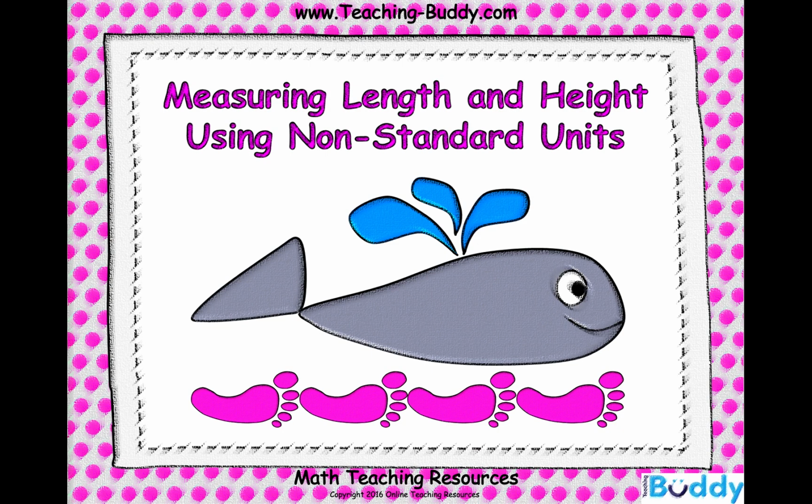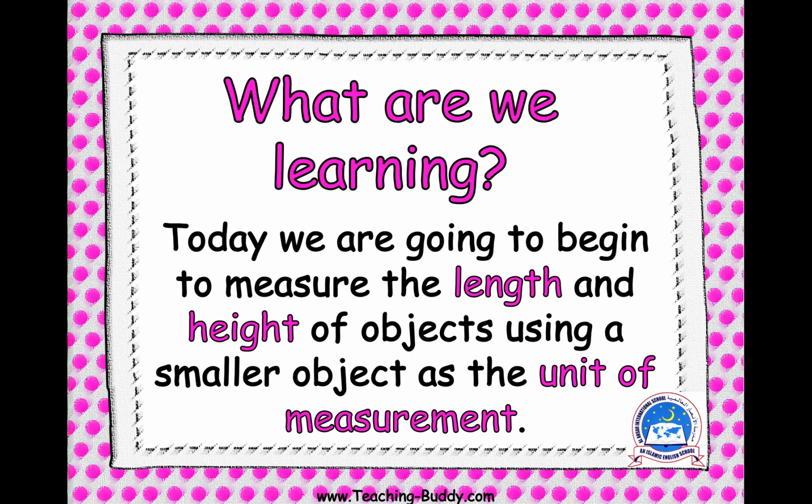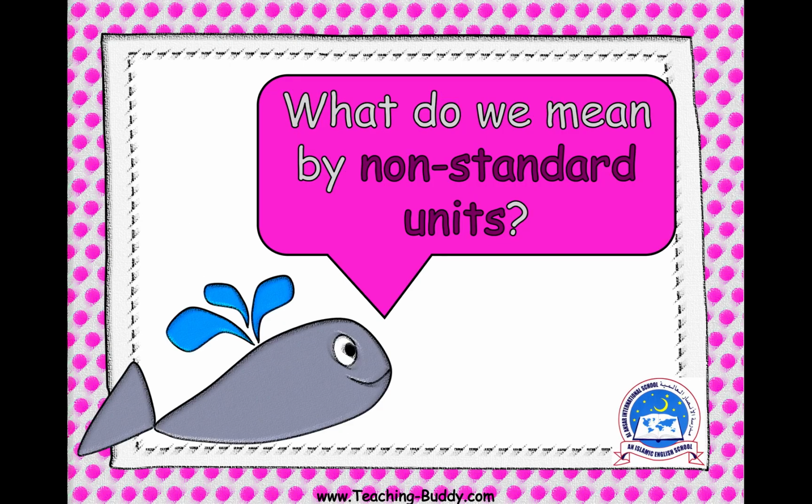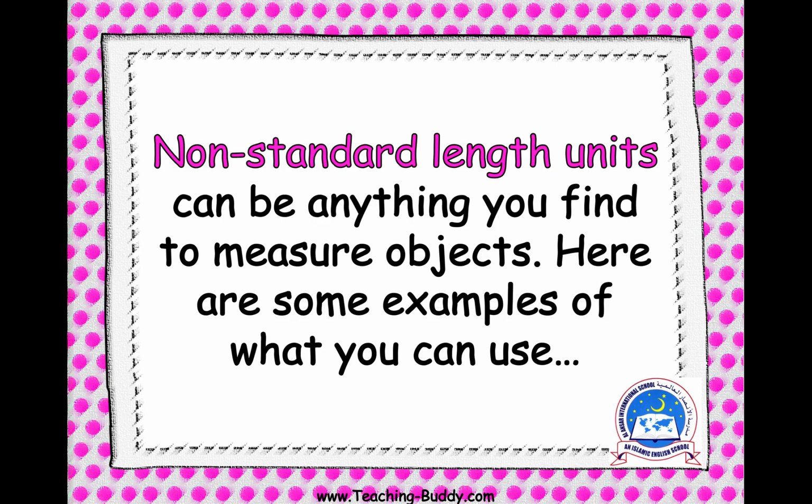Okay, so let's begin. We're going to measure the length and the height, but we're going to use non-standard measurements. We're going to measure the height of objects using small objects as our unit of measurement. So what do we mean by non-standard units? It means we can measure something using anything that we find.